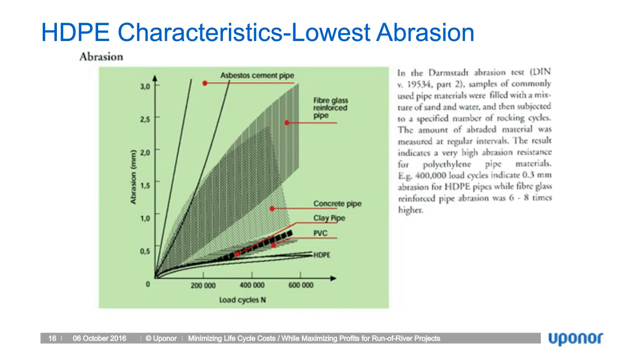So if you have a material with very low abrasion, it allows you to increase the design life. And HDPE, because it is, relatively speaking, a flexible material, is able to absorb the energy from the impacts of those particles, and rather than having abrasion, it can bounce and release that particle again, unlike steel.